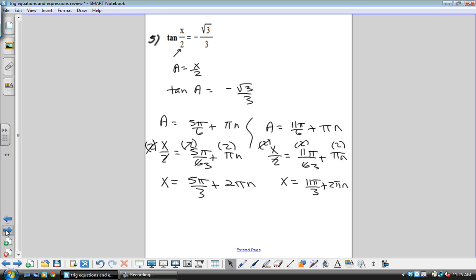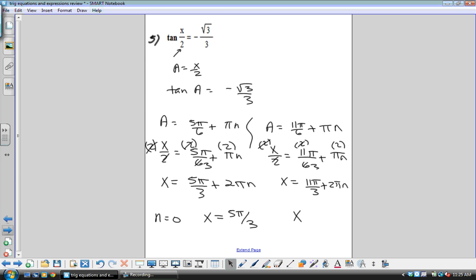Okay, now let's let n equal 0. So if n is 0, then x is going to be 5 pi over 3. And notice here, 11 pi over 3, think about it, 6 pi over 3 would be 2 pi.